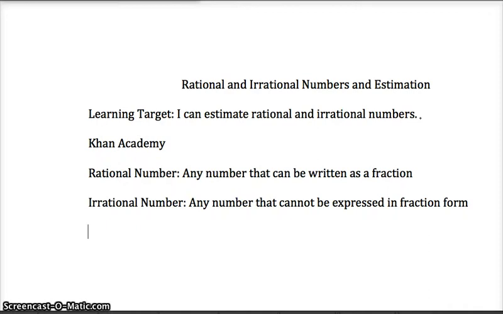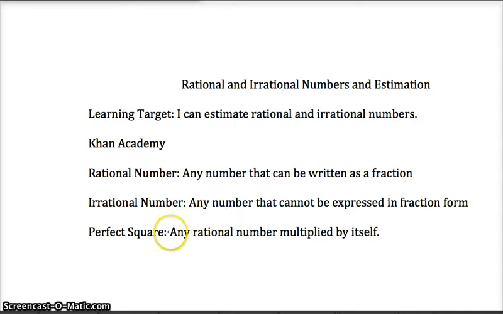And the last definition that you'll need to know is a perfect square, which is the product of any rational number multiplied by itself.